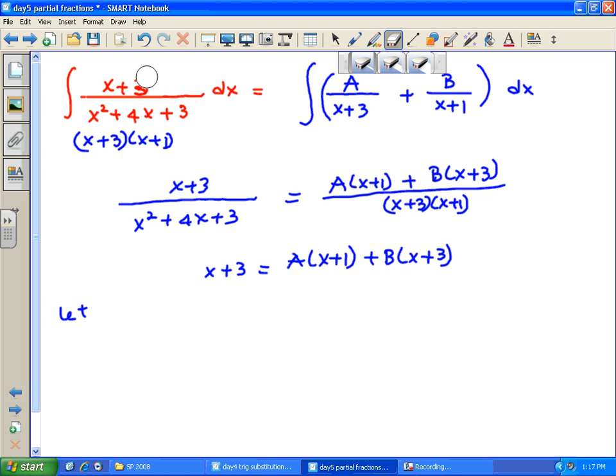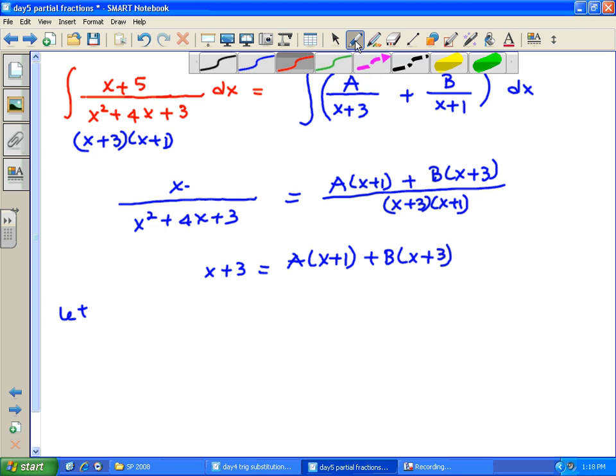So please make it x plus 5. The top of the fraction on the left-hand side, we're making it x plus 5. So basically, the given question has changed slightly. I'm going into all this trouble because I want to give you an example that cannot be done with u sub. So everything on the left-hand side, we're making it x plus 5.